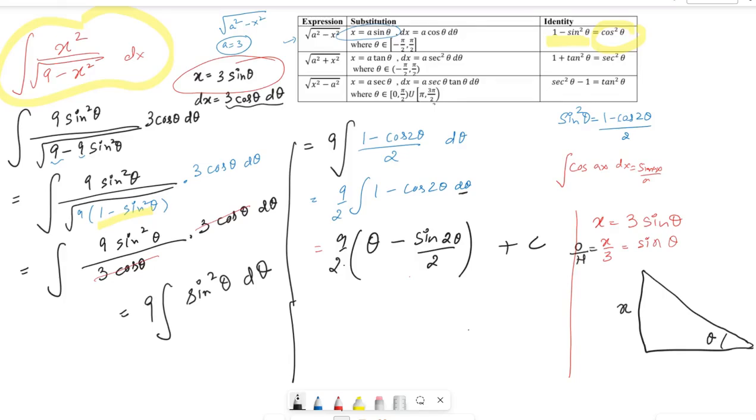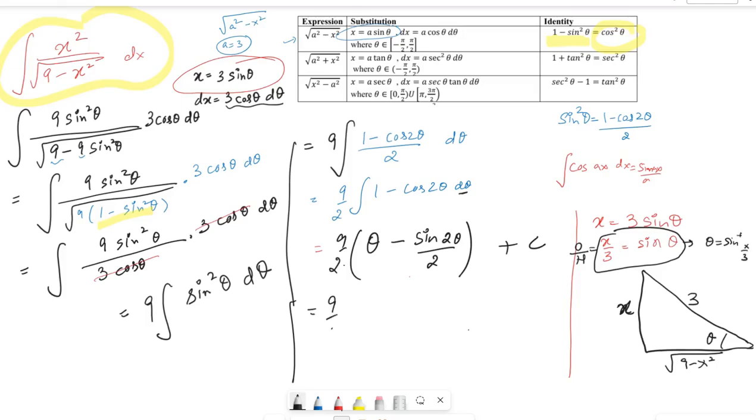So we can think of this as x and this as 3. Using the Pythagorean theorem, this is the square root of 9 minus x square. Now, from here, you can get that theta is equal to sine inverse of x by 3.